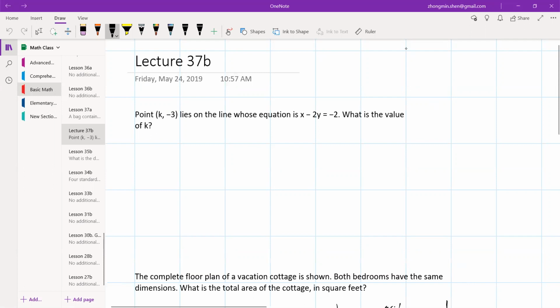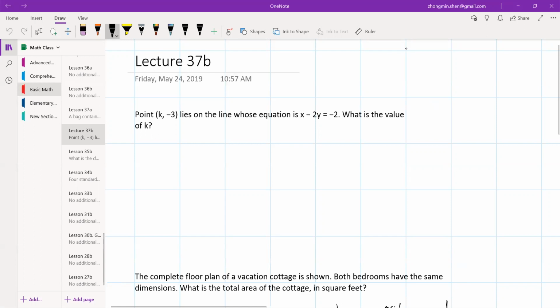Okay, so it lies on the line means the coordinates satisfy the equation. Otherwise it's not a point on the line, right? The equation for the line is about the relationship between the x coordinate and y coordinate of the point on the line.